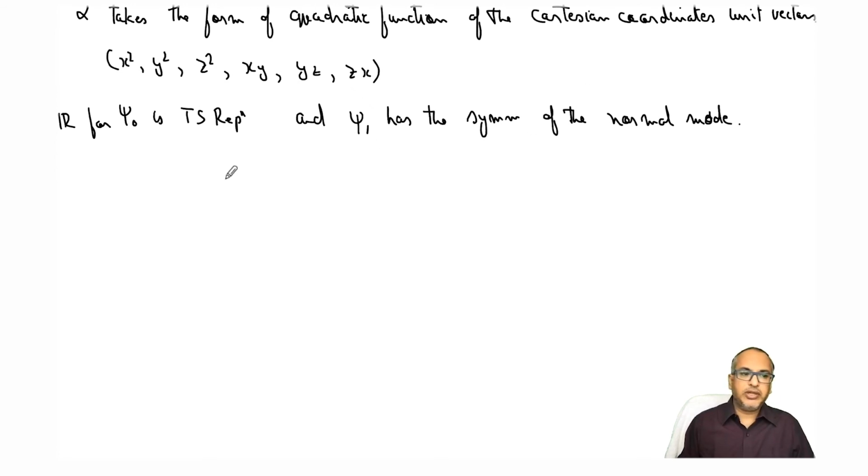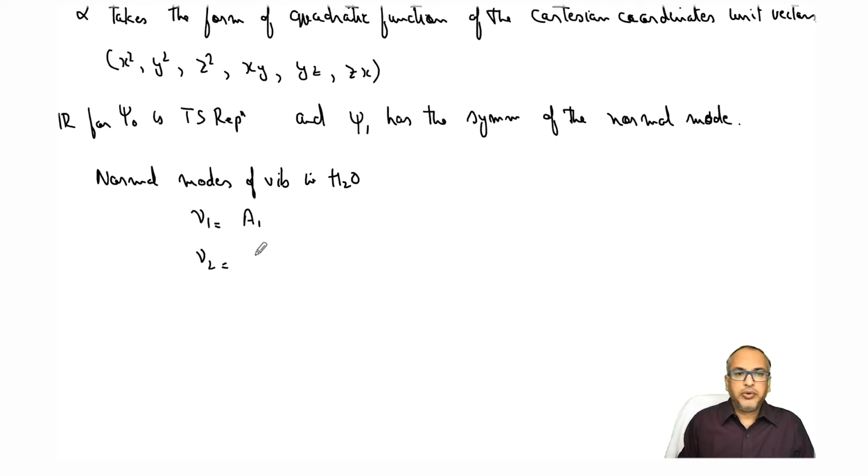So now we know the symmetry of all three. Now we have to see whether the integration will survive or not in a particular case. So now let's see the normal modes of vibration in H2O, let's write it systematically. So you have nu1 as A1, nu2 will be A1, and nu3 will be B1, right?